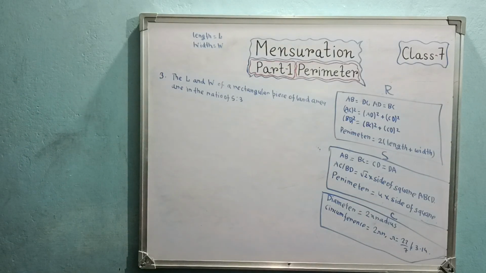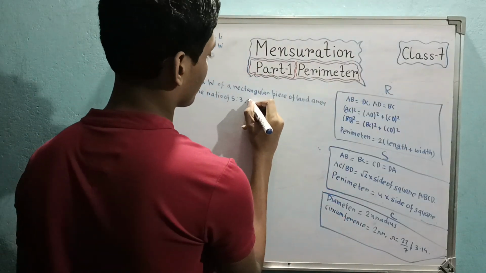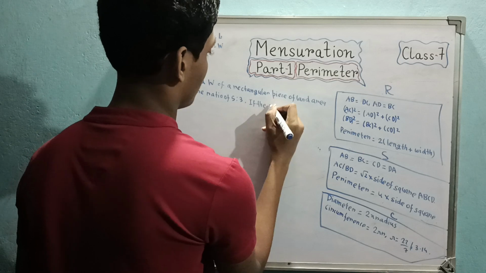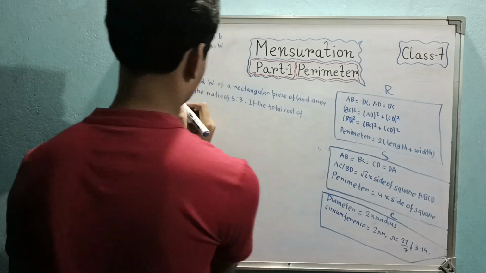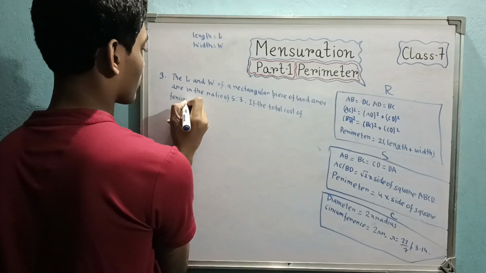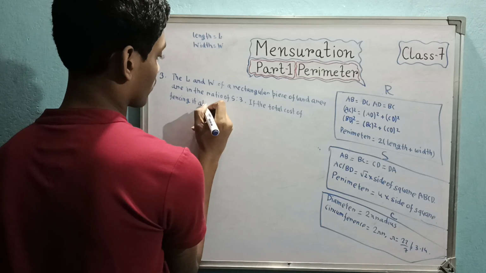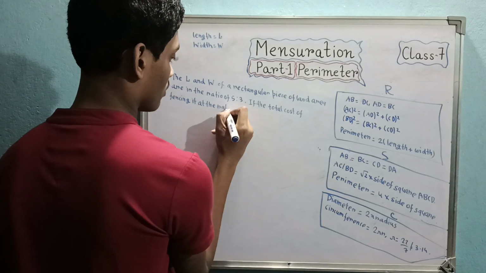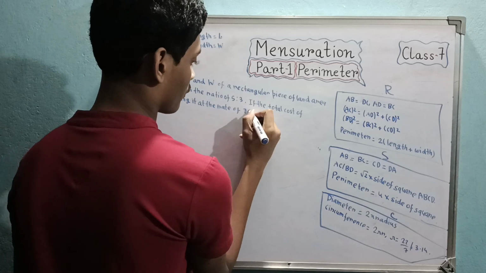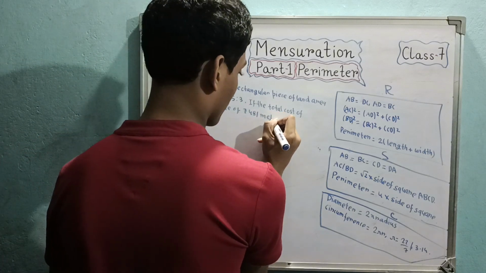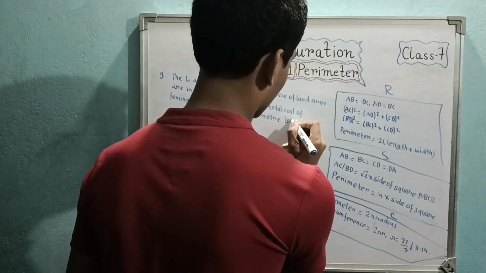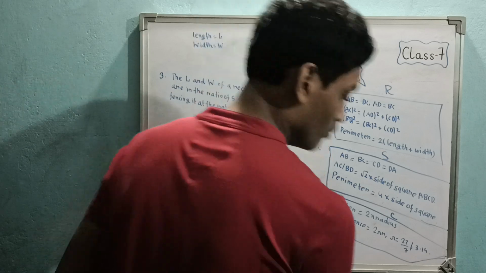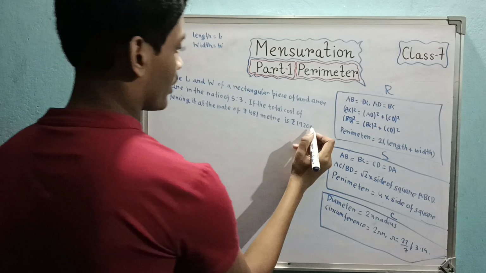If the total cost of fencing it at the rate of rupees 48 per meter is rupees 19,200, find the length and width.